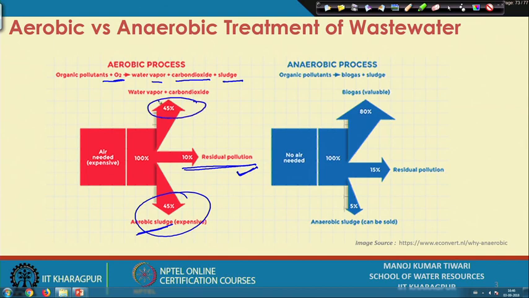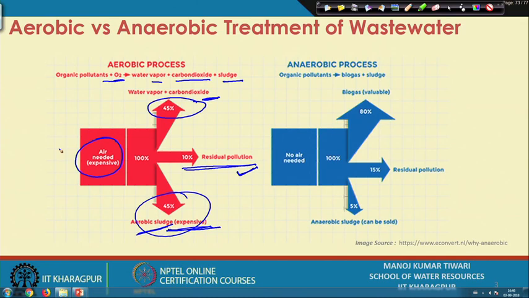Carbon dioxide is produced, which has its own environmental footprint because it is a greenhouse gas, and almost half of the removed matter goes to the sludge. Further, there is a requirement of air because of the aeration needs.